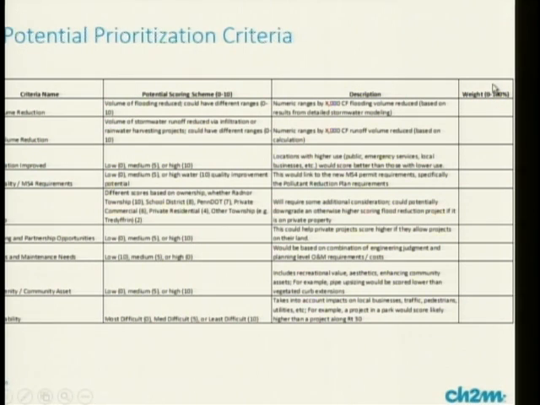We need some way to weight the importance of the various criteria, assuming that this is the right list. We've got flood volume reduction, runoff volume reduction, because we can reduce flood volume without reducing runoff volume. Then flood location improved, and that's an awkward way of saying it, but that's something we added given some of the feedback we received. That's really trying to get at, if this is something that's important, which I think it is, the location of the flooding, should that be taken into account?